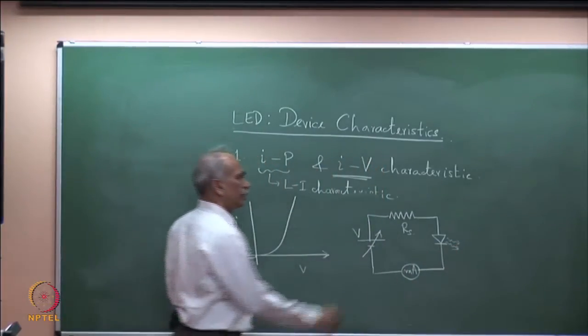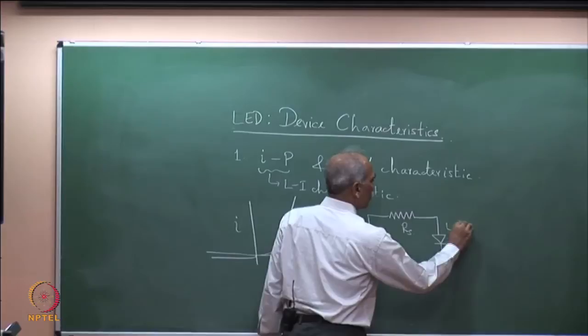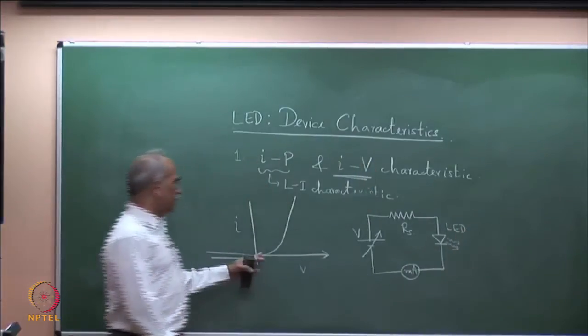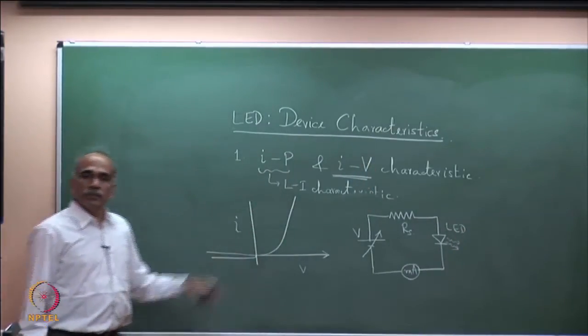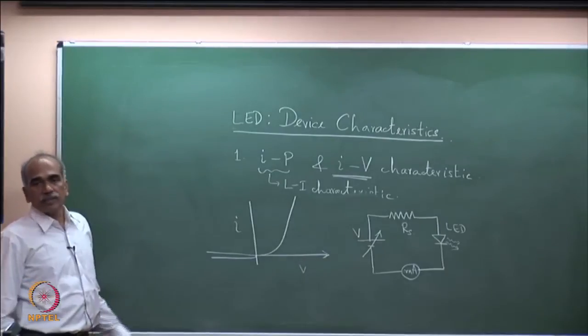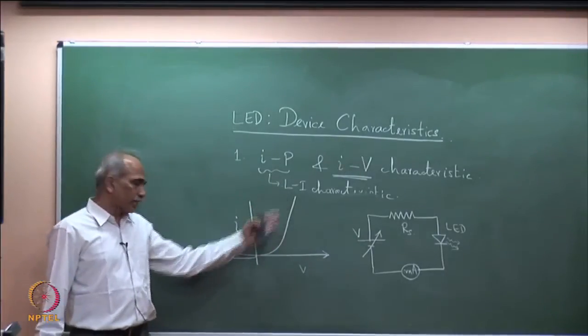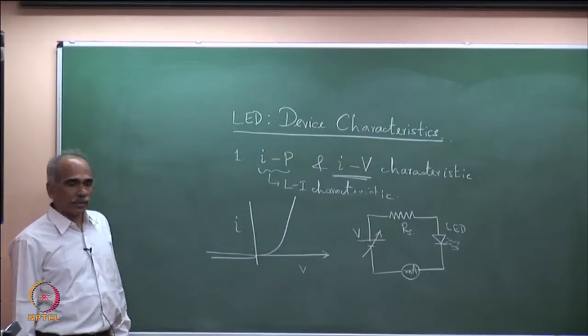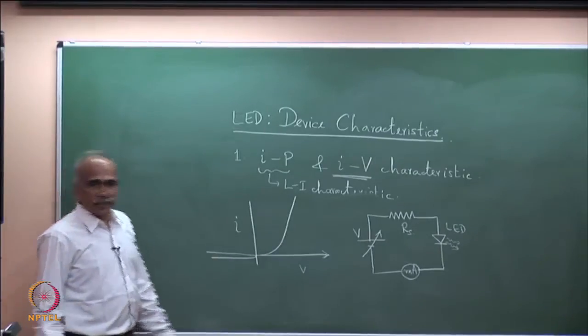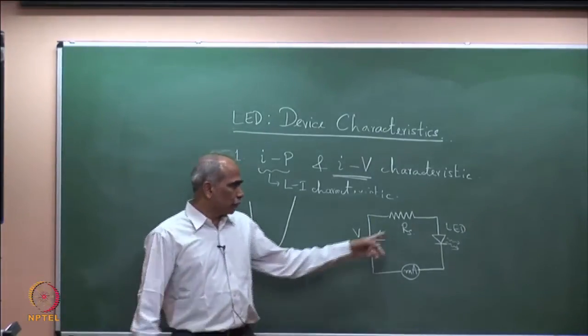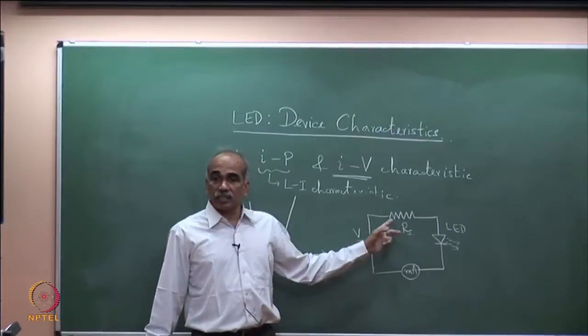Vary the voltage and you can see that the current increases, the same forward diode characteristic and the reverse diode characteristics. An important point in practice is that you have to put a resistance Rs.